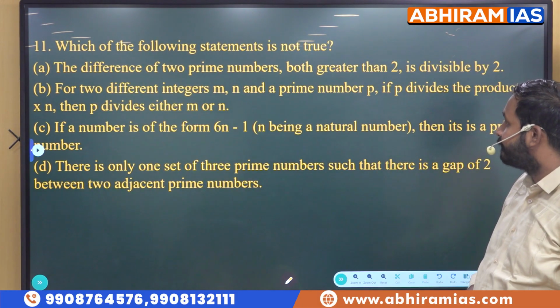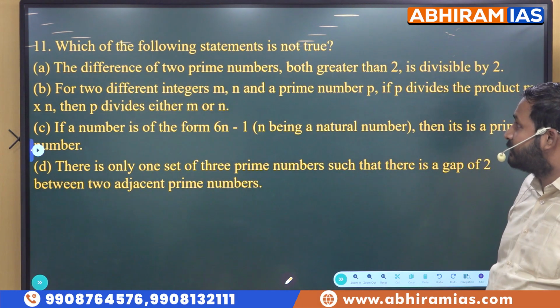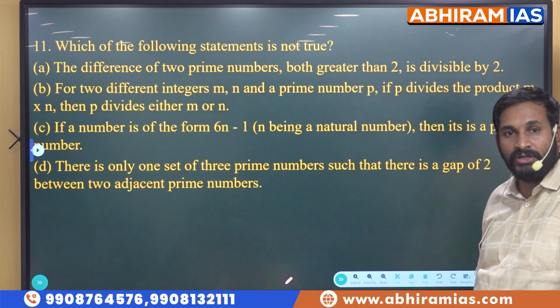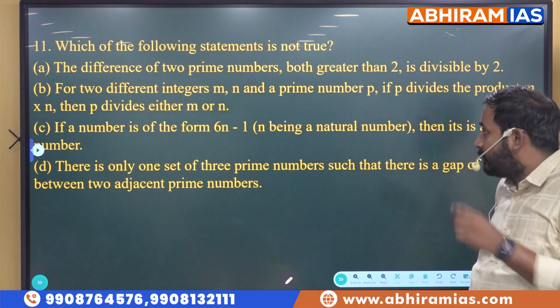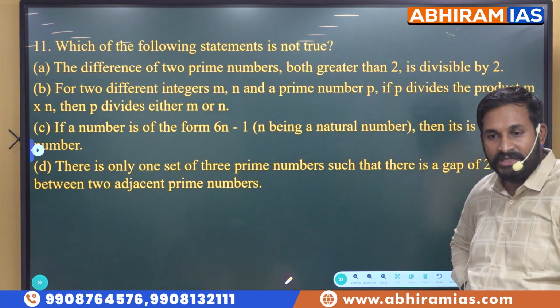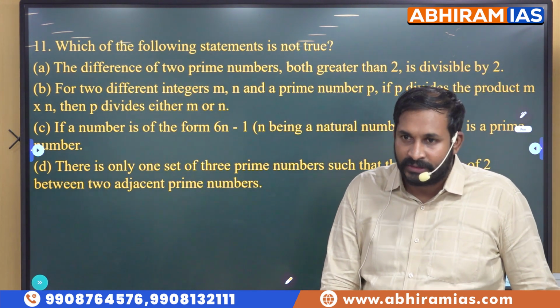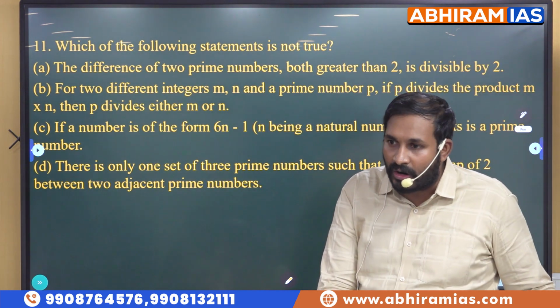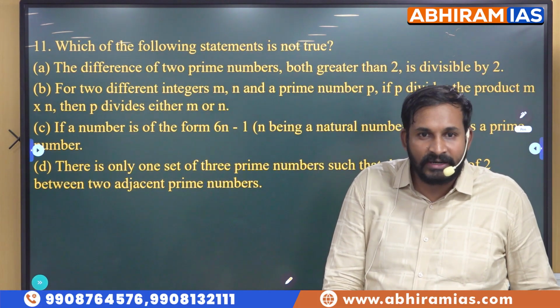Next one. Which of the following statements is not true? The difference of two prime numbers both greater than 2 is divisible by 2. See, both greater than 2 means all are odd prime numbers only. Difference between any two odd numbers is an even number, right?